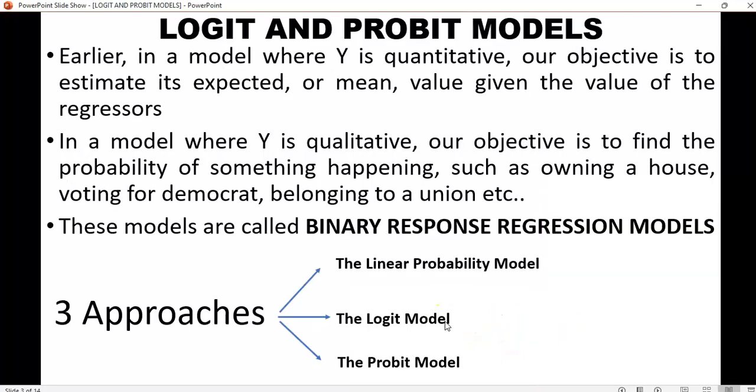Now in this situation, earlier in a model where y is quantitative, our objective is to estimate its expected or mean value given the value of the regressors.